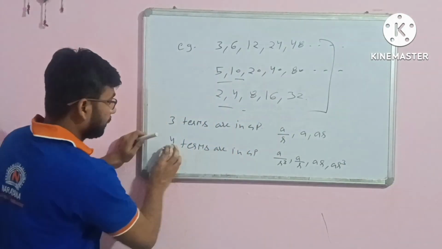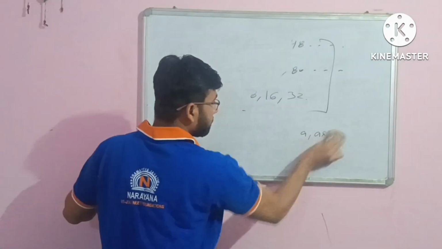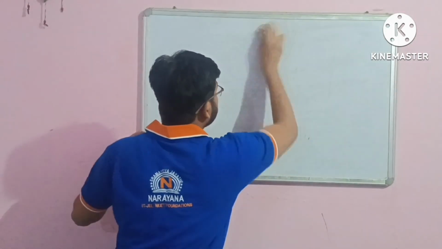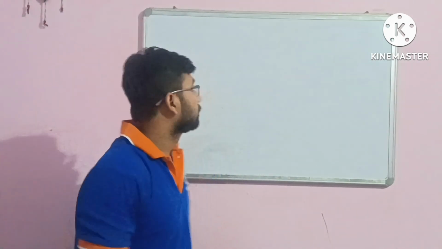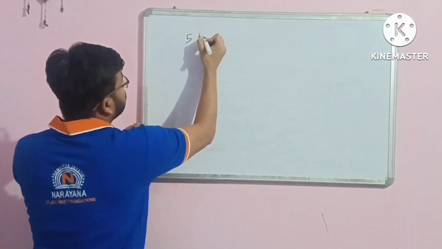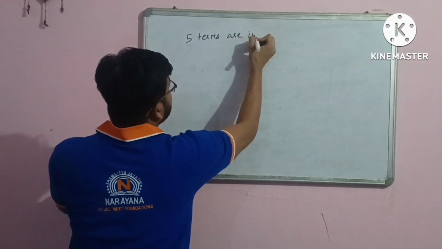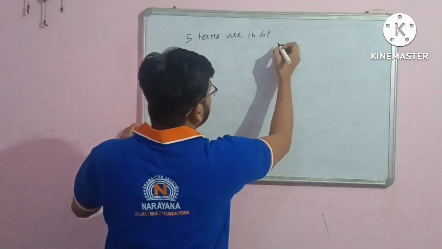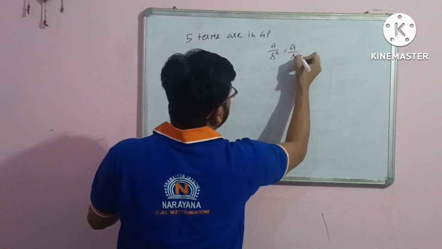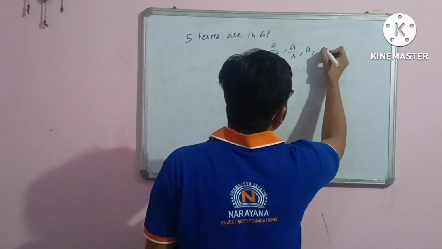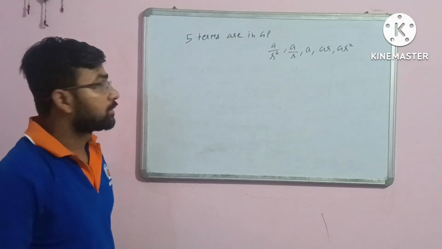And if five terms are in GP, then a by r square, a by r, a, ar, ar square. So these are the five terms.